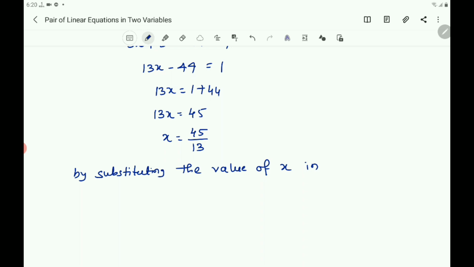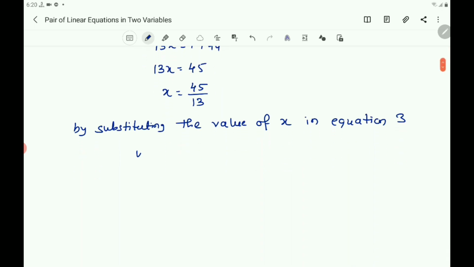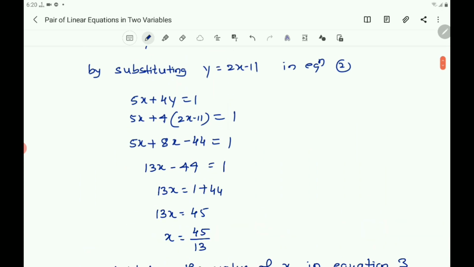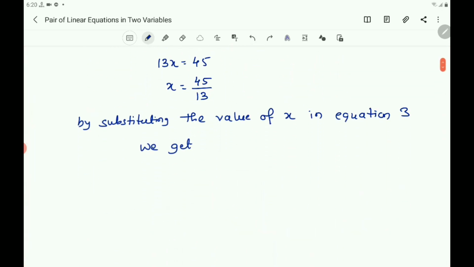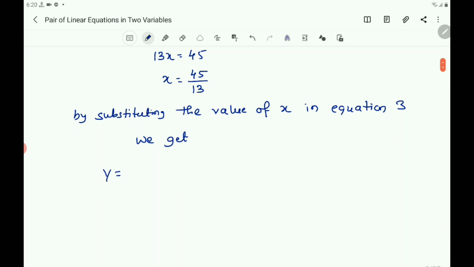In equation 3 we get, what is that equation 3? y equals 2x minus 11. You write that equation. y equals 2 into x value, which is 45 by 13, minus 11.